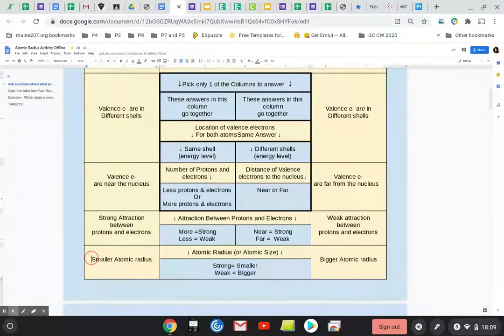So a strong attraction for hydrogen gives it a smaller atomic radius, and for lithium, a bigger atomic radius since there's a weak attraction. If you look at your example that you did in the activity, it's in the cards, you will see that where hydrogen is, that is smaller than where lithium is, because lithium is under hydrogen in the periodic table.